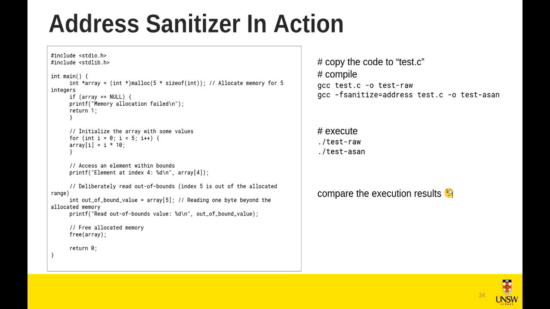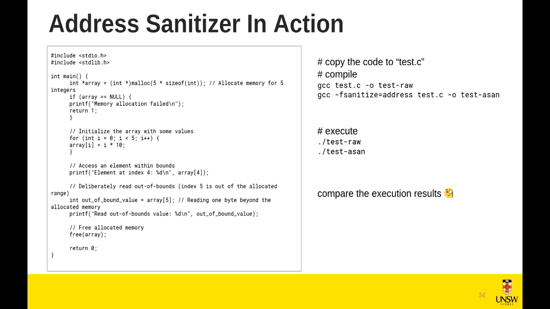We try to read it and print out the value of the memory slot after the 5th element of this array. So this is actually an uninitialized piece of memory.